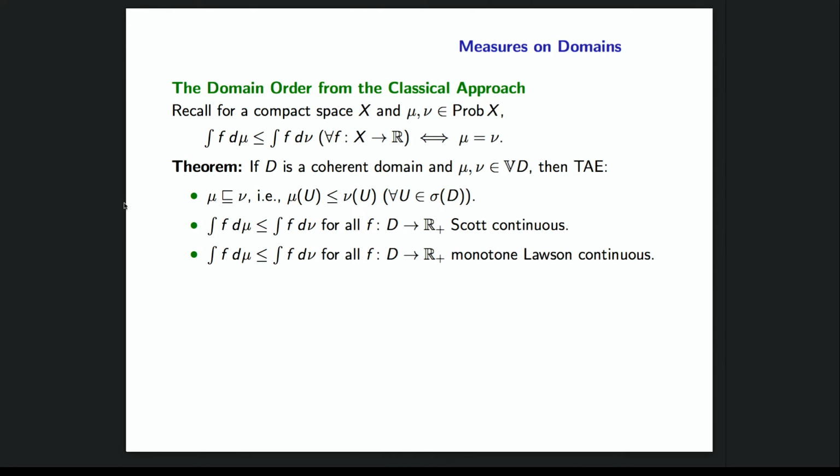Or, I'm talking about a coherent domain, so I know in its Lawson topology, it's in fact compact Hausdorff. And then I could ask, what about this for monotone Lawson continuous maps? Well, one thing to note is the Lawson topology says on the reals, throw out the upper set of a finite set, so you're going to throw this out. Now you're going to get an open interval, and so the Lawson topology on the reals is just the usual interval topology.